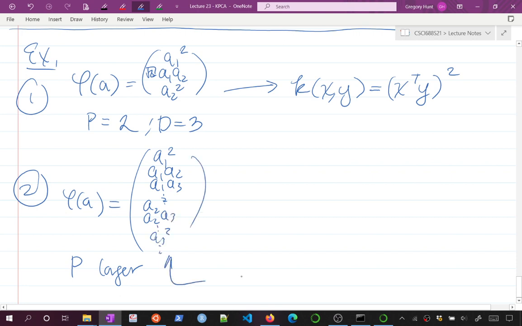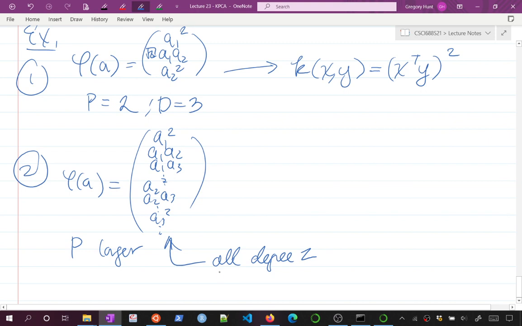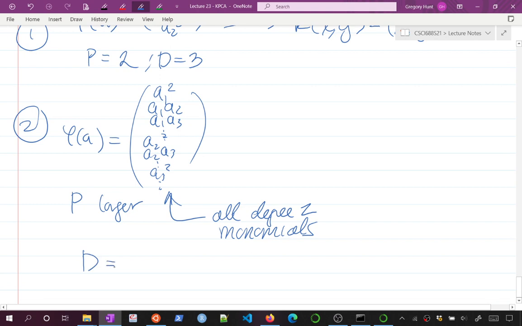So I can look at embedding into all degree 2 monomials. So here, D is going to be what? It's going to be p plus 1 choose 2. And you can think about why that's true. It's kind of a combinatorial problem. But that's a huge space, right? That's like the square of p. So we go from a p-dimensional space to a p squared, something like that, dimensional space.